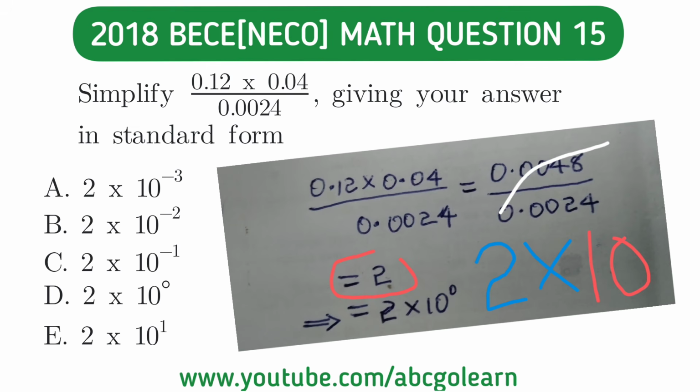And you know that if you use 10 raised to power 1, it won't give you 1. It will give you 10. How would you know how to do it now? I told you the other time that if you raise anything to power of 0, it will give you 1. Anything in this world, even if it is 1 million raised to power 0 would give you 1.